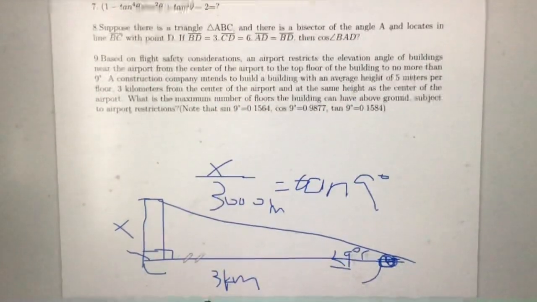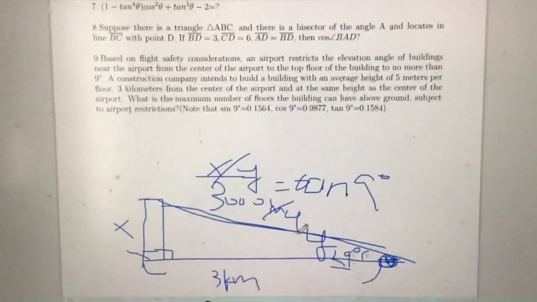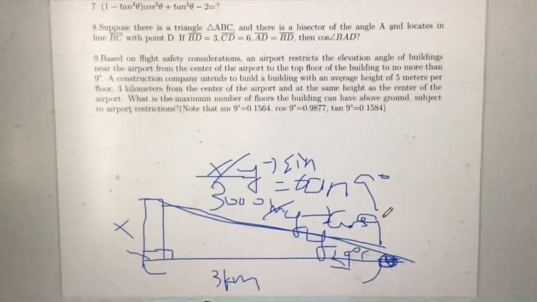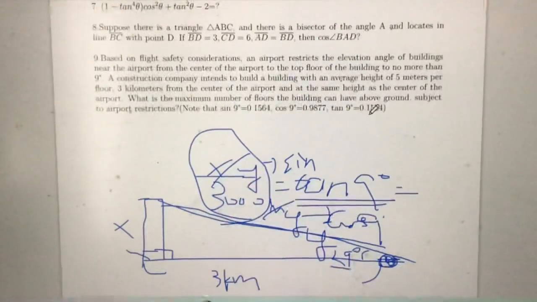Why? Because, for example, we suppose this one will be y, okay? So if we do this, this is sine 9, and this is cosine. So this is why this guy will be tangent 9. And what is tangent 9? 0.1584.